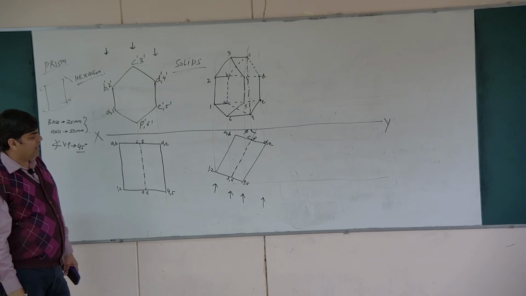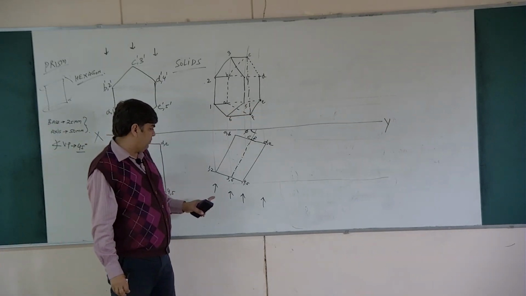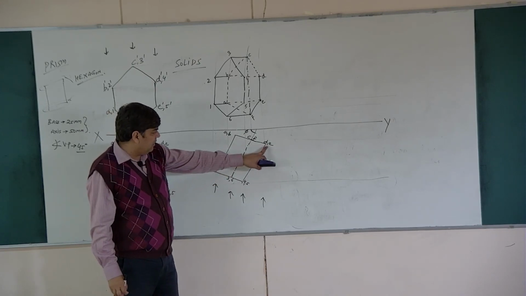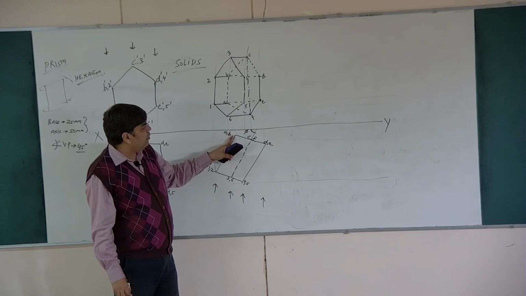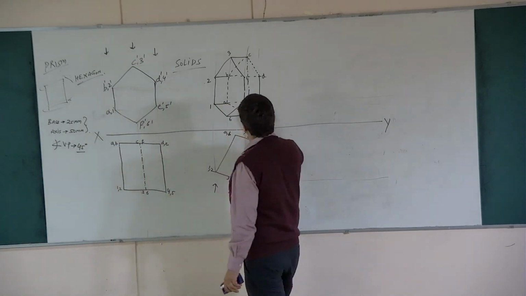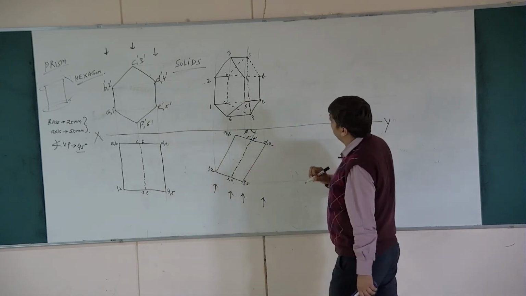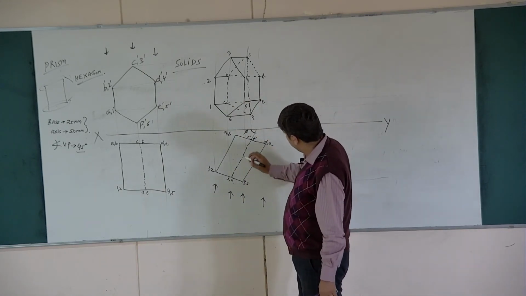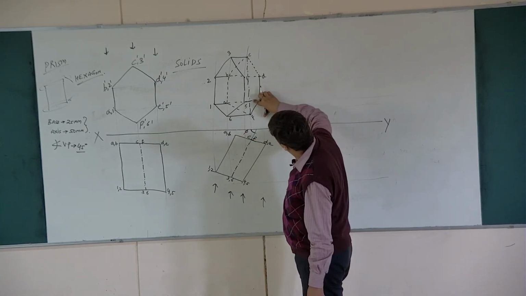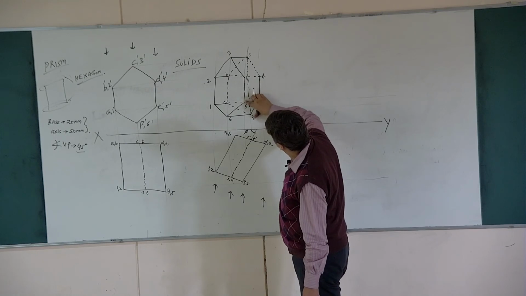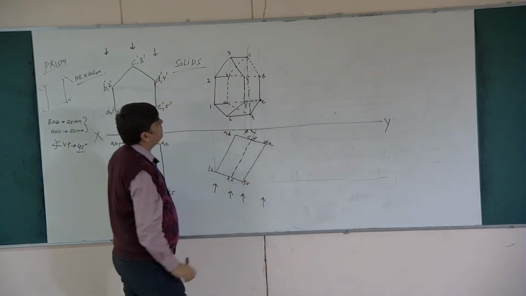So it will be something like this, or we can say if A to E, since E is clearly visible, whether we can join A to E like this. So what we can do, up to here we can say it is continuous and the rest will be hidden. Similarly, B to D. So B is continuous, no. You can do one thing, you keep this as hidden only, that is dash dash dash dash.